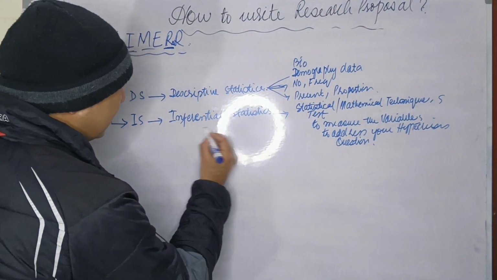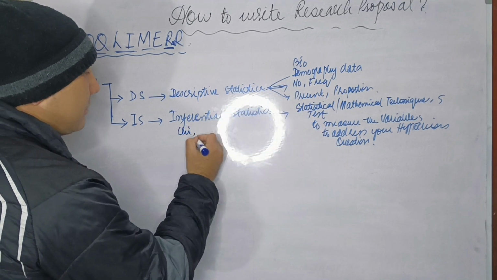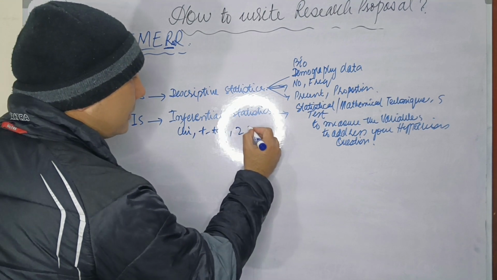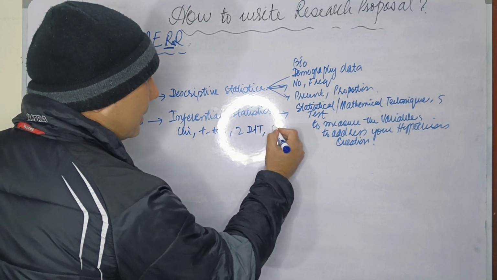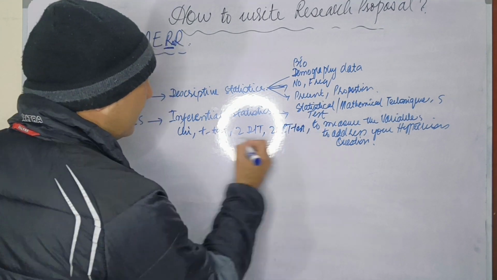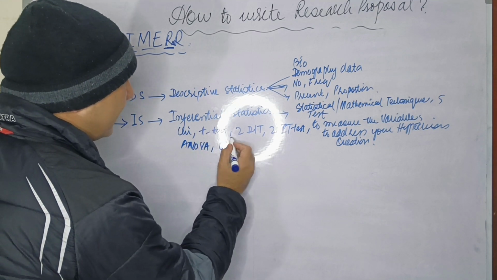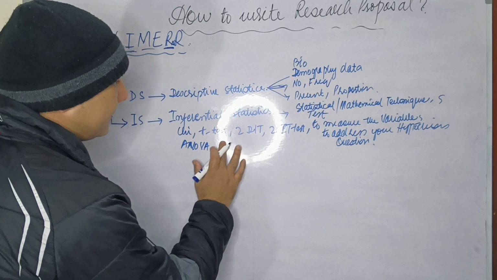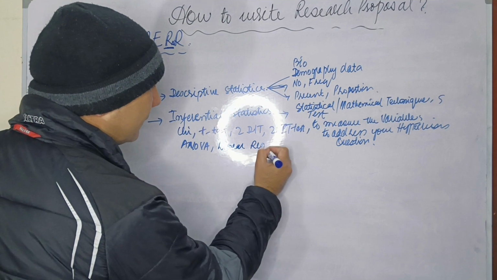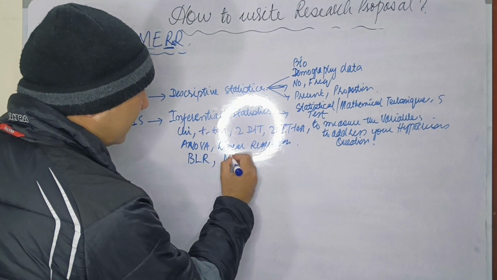So in the hypothesis, you will say which inferential statistical test you will use, just like chi-square, t-test, two independent t-test, two dependent or paired t-test, ANOVA, chi-square I told you earlier, and linear regression, BLR, MLR.